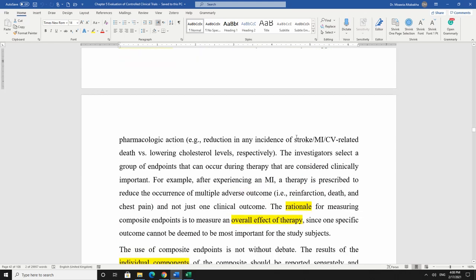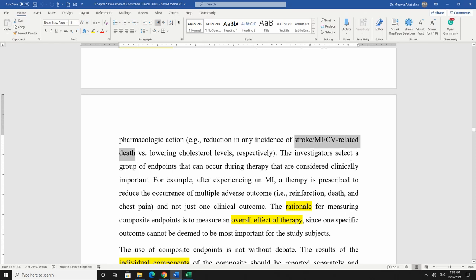but you should be careful because there is a debate. For example, you might want to have a composite endpoint composed of stroke, myocardial infarction, angina pectoris, coronary vascular related death. Maybe you want to have them as a composite endpoint. Okay, that's not a problem.